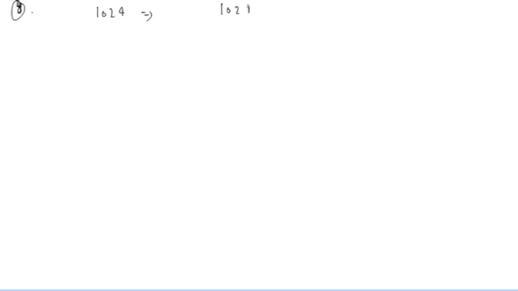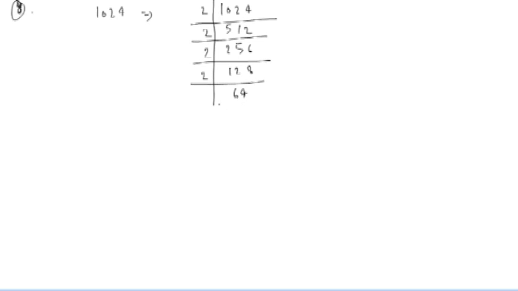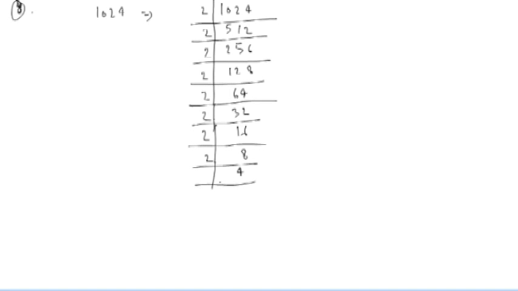So the prime factors of 1024 will be 1, 2, 3, 4, 5, 6, 7, 8, 9, and 10.